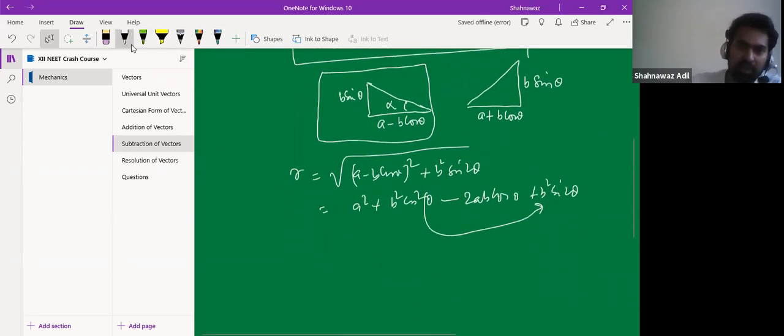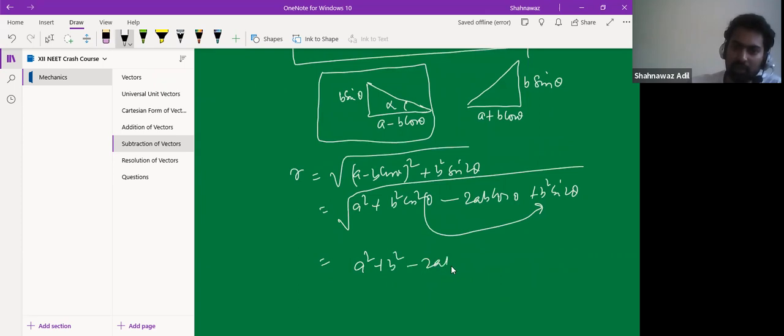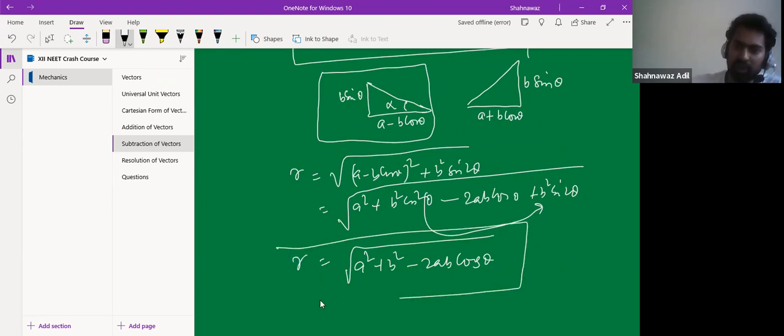This part gives A square plus B square minus 2AB cos theta. Understood? That is how you calculate the magnitude of the subtraction of vectors.